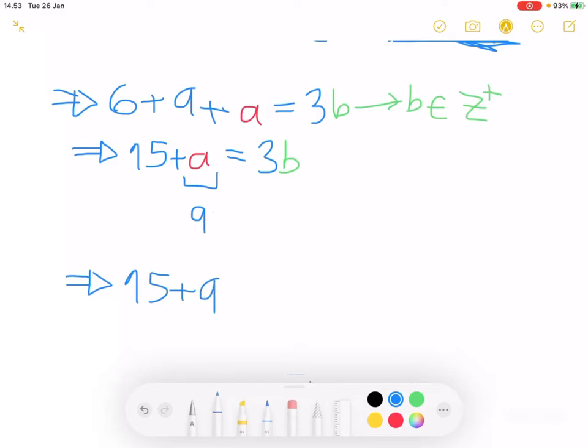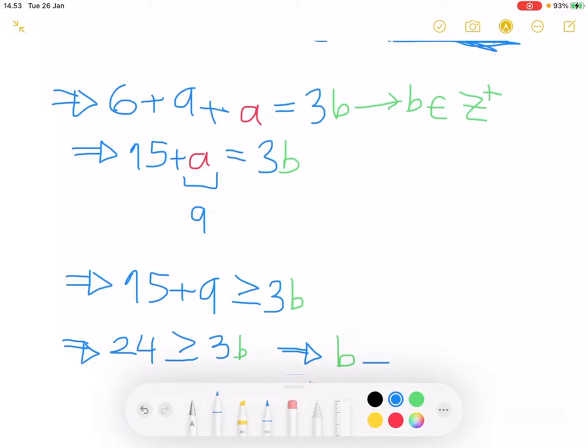So 15 plus 9 is greater than or equal to 3b, and this is equal to 24 after simplifying, so 24 is greater than or equal to 3b. And we can finally get that b must be less than or equal to 8.